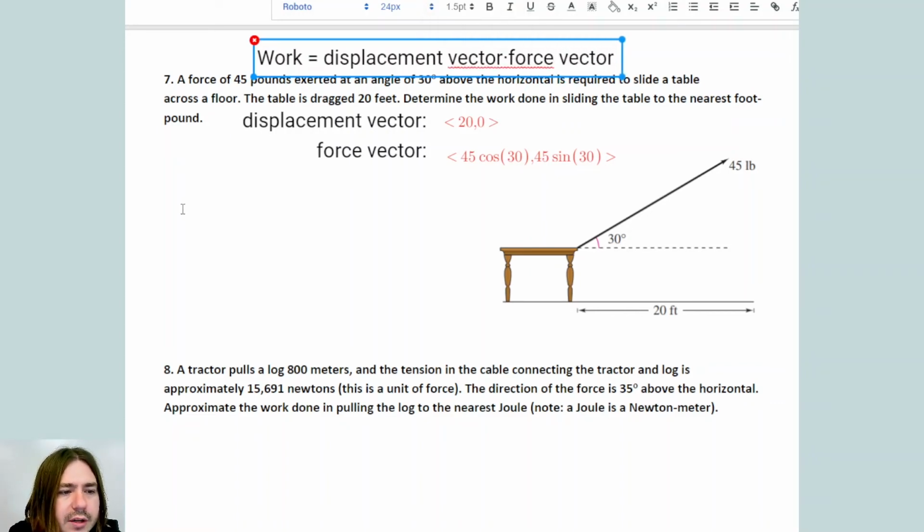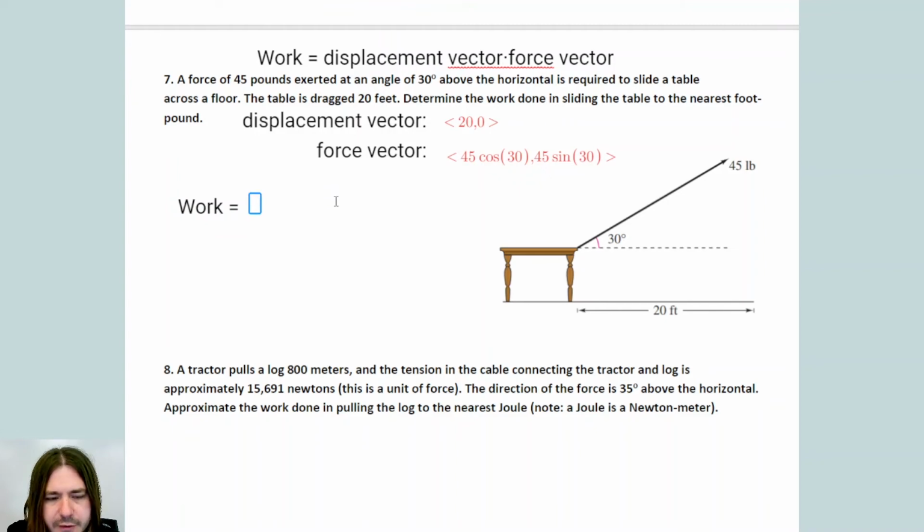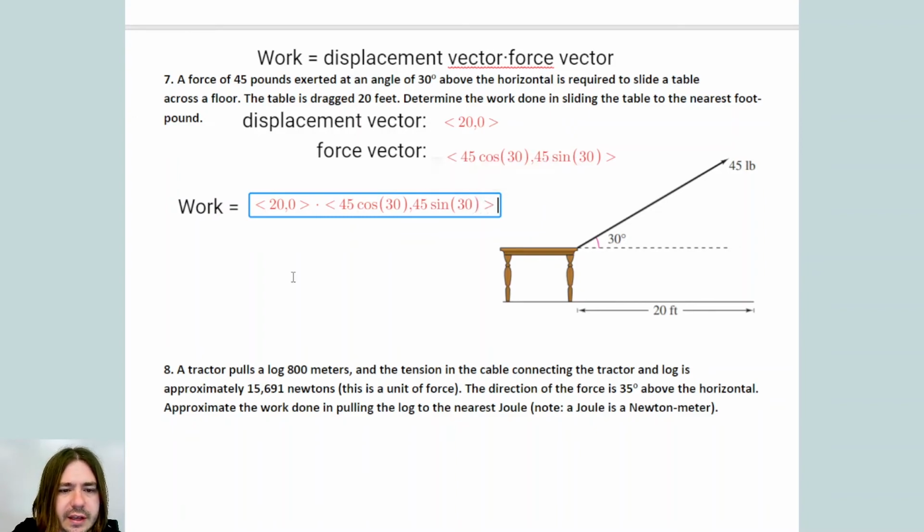So the work done here is going to be the dot product of (20, 0) and (45 cosine 30, 45 sine 30). And since we know how to find the dot product, this should be pretty easy to calculate.